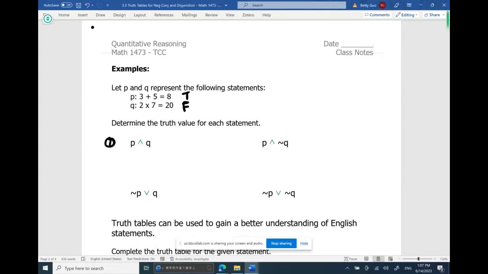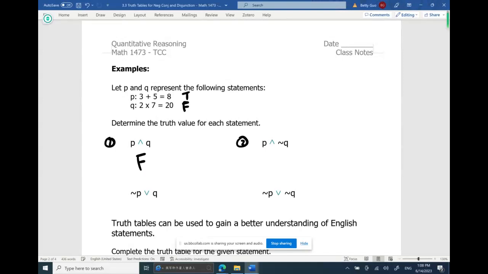This is and, P and Q. It is a conjunction. Remember, for a conjunction to be true, both of them have to be true. Do we have both P and Q true here? No, we don't, right? Q is false. So we do not have both components true. So that makes this statement false.